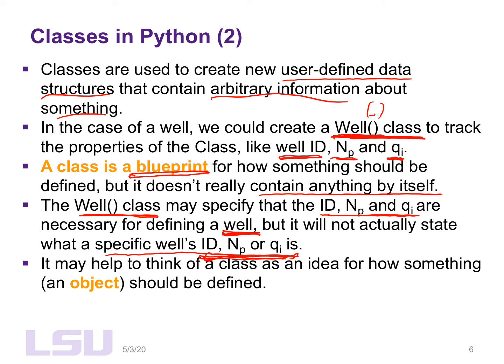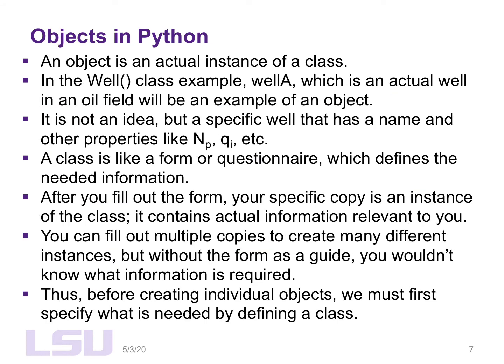So think of it as an idea for how an object should be defined. The objects will be well A, well B, well C, the actual wells, which can be mapped to physical production or injection wells on the field. But the classes are just like a template for building those well objects in code.